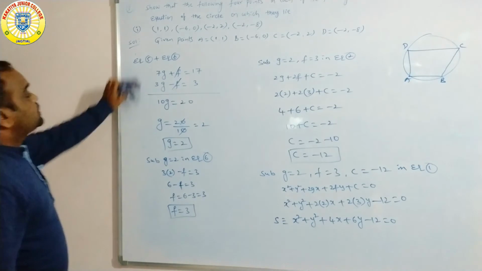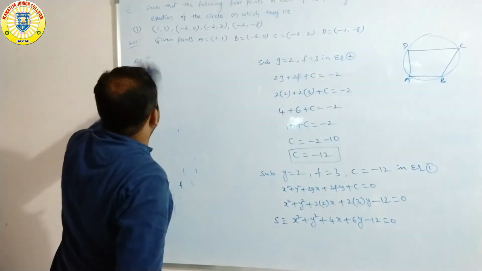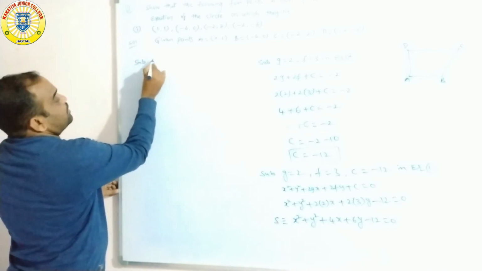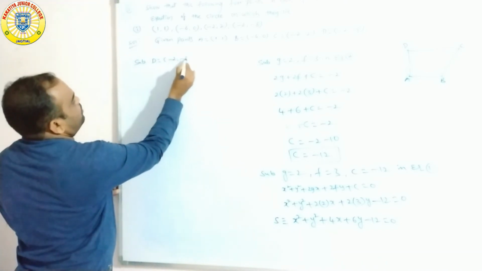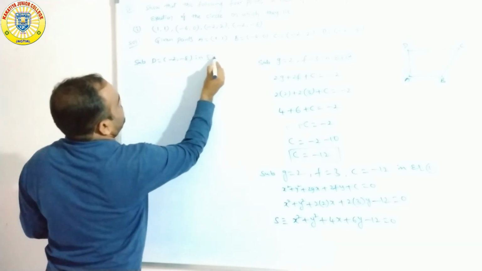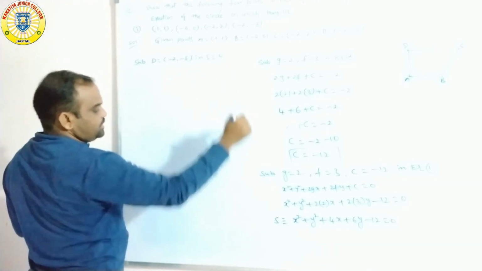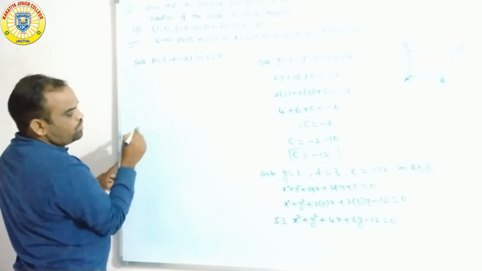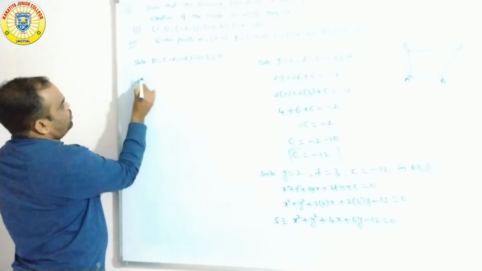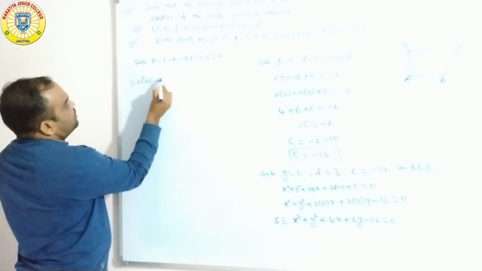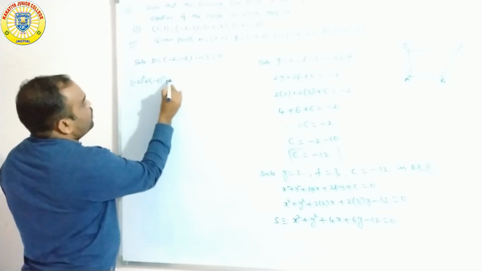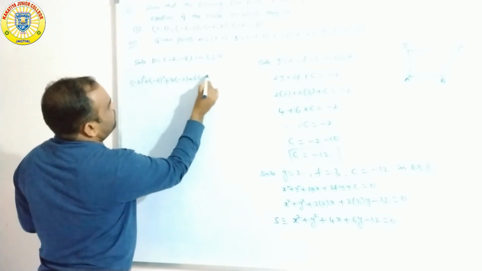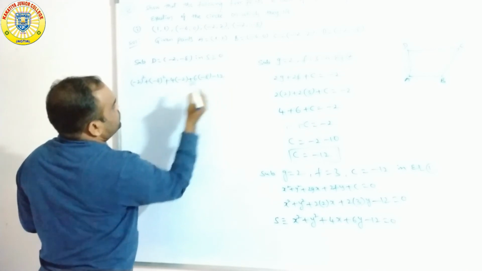Next see here. Substitute D is equal to minus 2 comma minus 8 in S is equal to 0 equation. In this equation we are substituting x is equal to minus 2, y is equal to minus 8. Here minus 2 whole square, minus 8 whole square, plus 4 into minus 2, plus 6 into minus 8, minus 12.